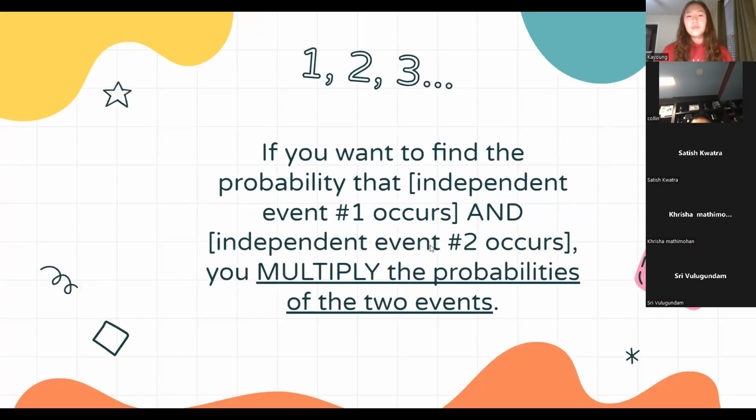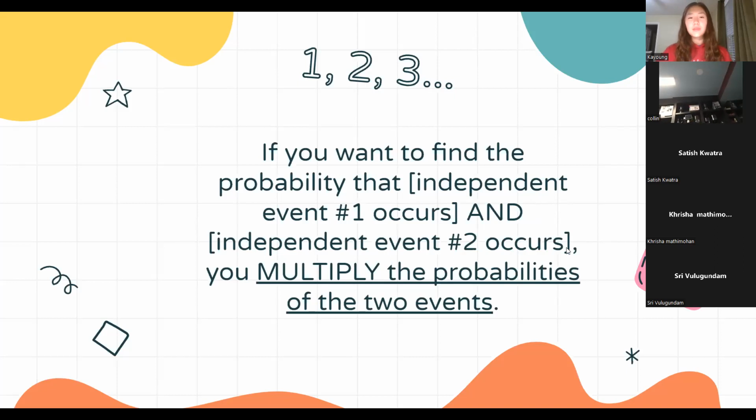If you want to find the probability that independent event number 1 occurs and independent event number 2 occurs, you multiply the probabilities. So think independent and multiply. We're going to see this in action.